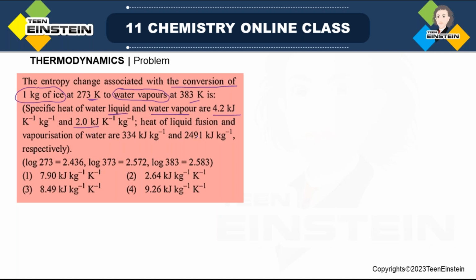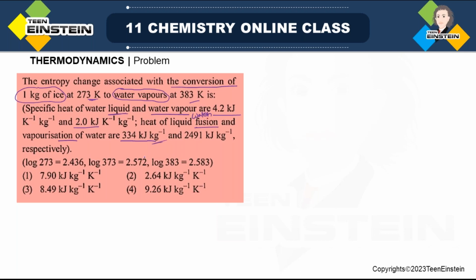And one more piece of information, the heat of fusion. Heat of fusion means when you are changing ice to liquid form, the amount of heat required for this phase transformation.